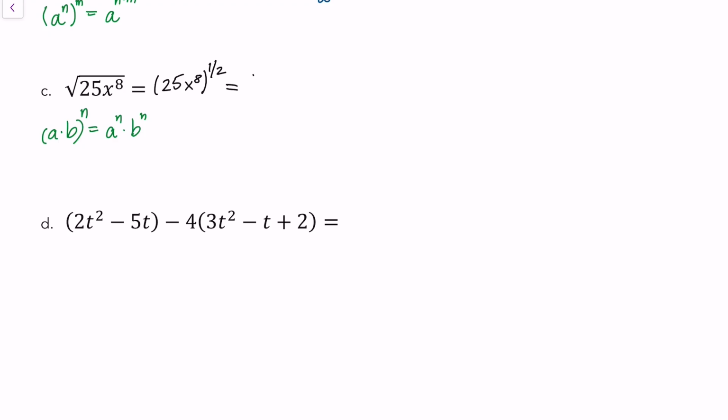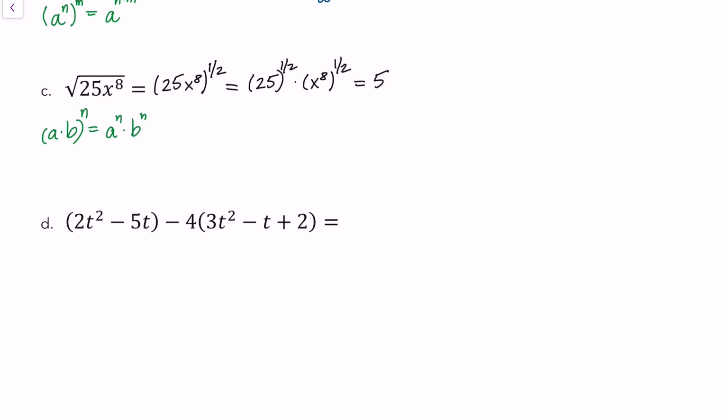So this is going to be 25 to the power of 1/2, which means that we're taking the square root of 25, times x to the power of 8 to the power of 1/2. All right. Now the square root of 25 is simply 5.